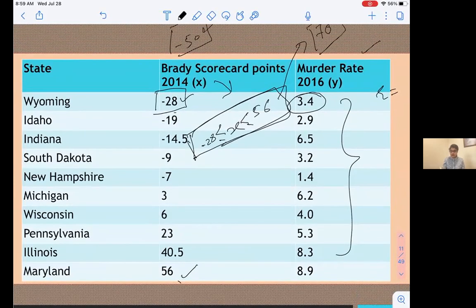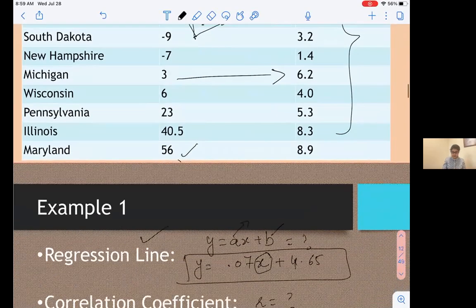In the given data, for 3 Brady points we have a murder rate of 6.2. But if you remember, by using the regression line we estimated the value of y, which was about 4.86. I don't remember exactly.